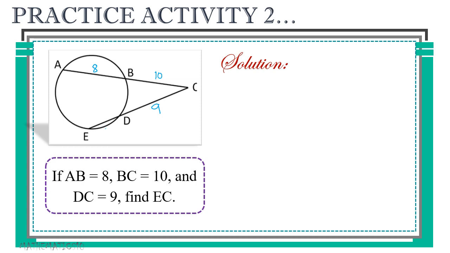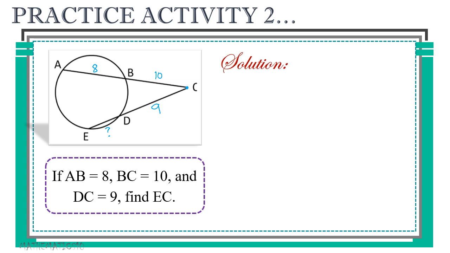Now, we don't know, again, the measure of DE. Since we have two secants that intersect at the exterior point C here, we are supposed to apply, again, Theorem 116.